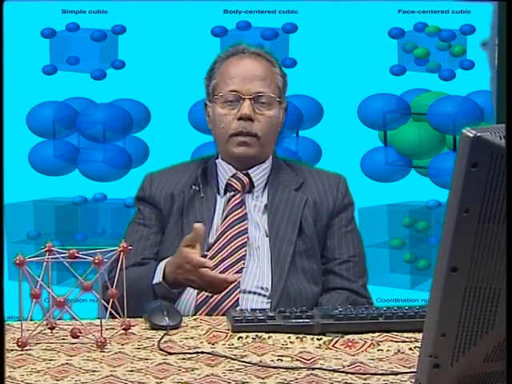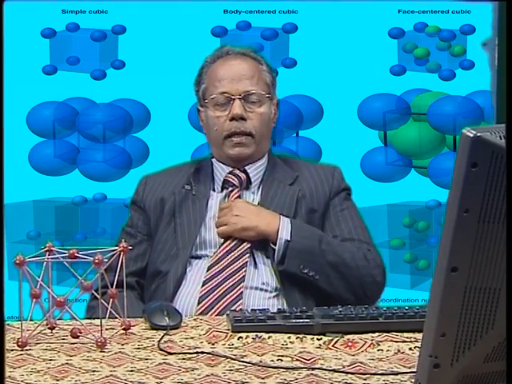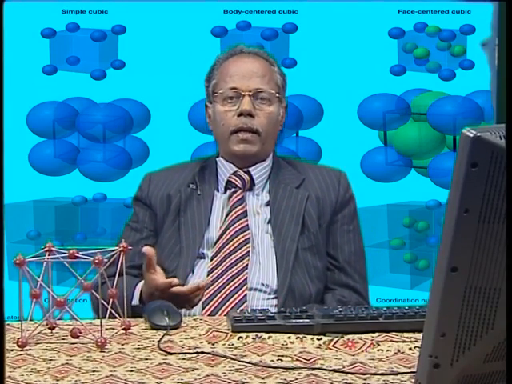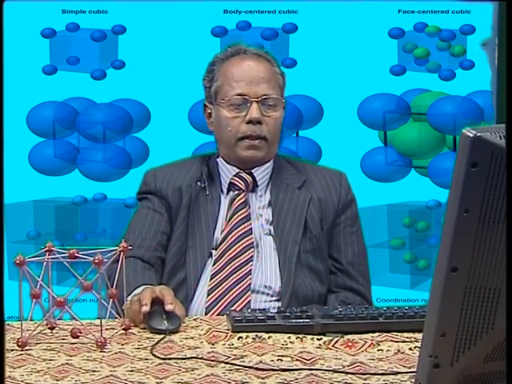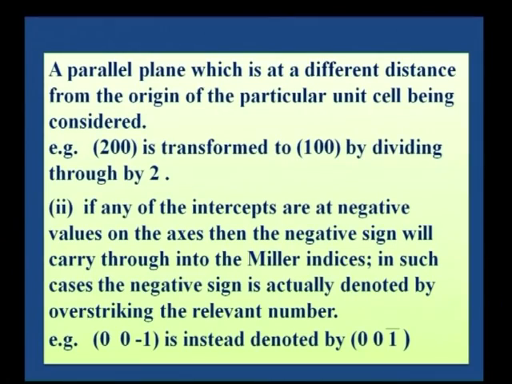That is one point. The second important point is, if a plane makes an intersection along the negative of x or y or z, depending upon the direction of the axis, then you put a bar over that. The bar indicates the intersection has been taken along a particular axis.